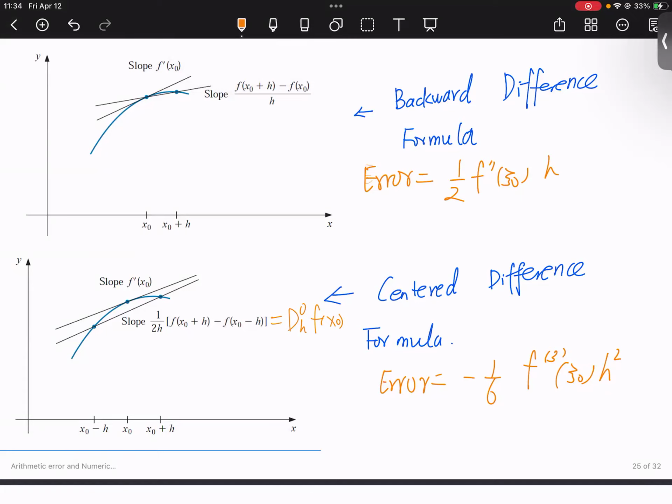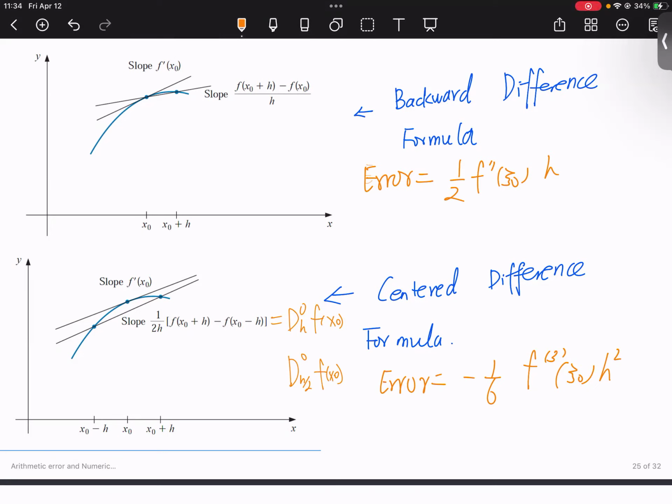And then what about D_h/2, 0, f(x0)? This is the step size h. Now we are not going to take this point; we are going to take x0 minus 1/2 of h and x0 plus 1/2 of h. Does that make sense? So there are different data points here.